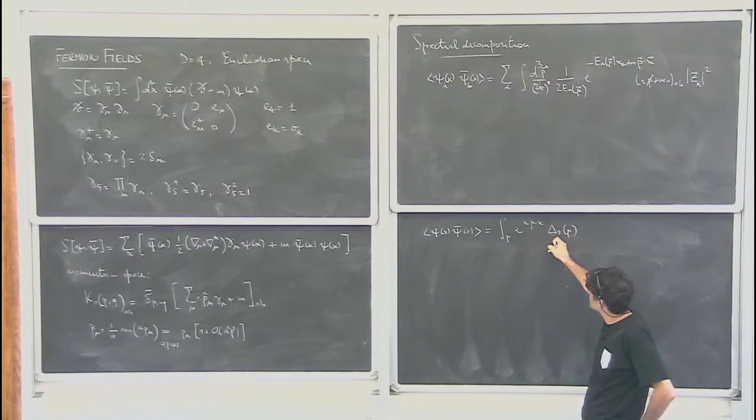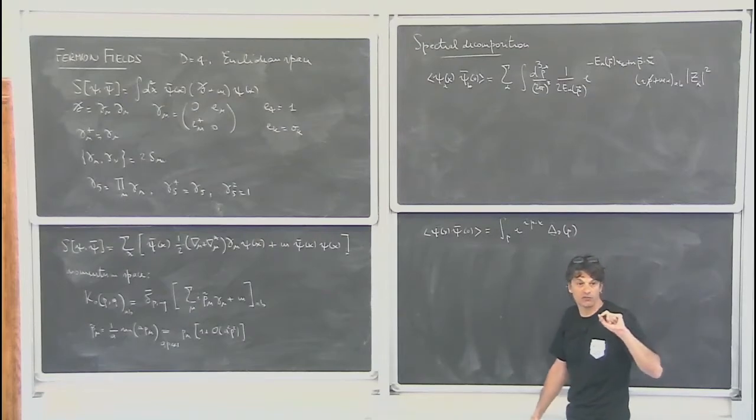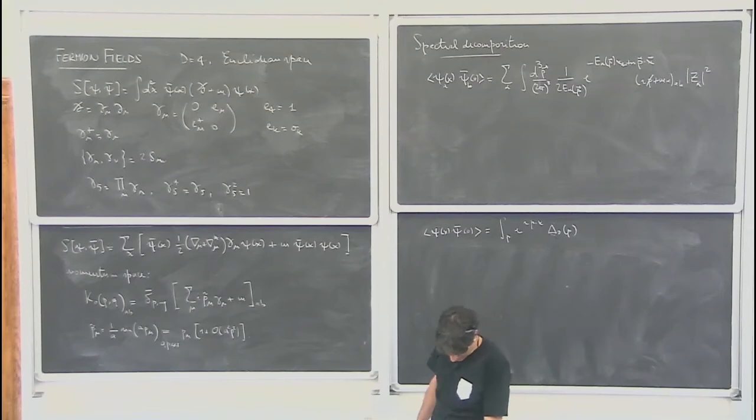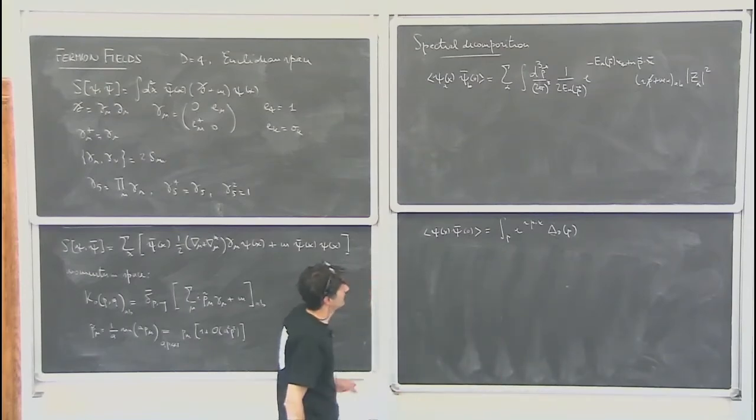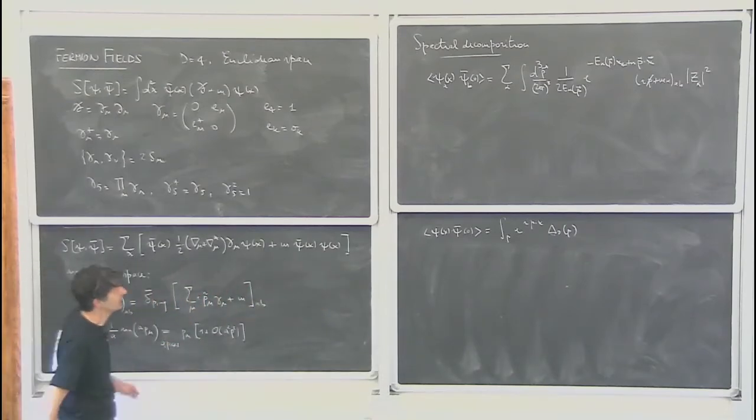And the poles of the propagator gave us the exponential decay of the two-point function. So we're going to do exactly the same. We're going to look at the poles of the fermion propagator, which is the inverse of K naught.